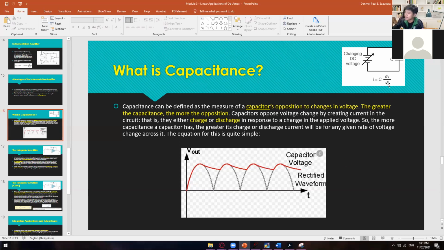That is why we have time in the equation. Anyway, it's just the concept. If you're confused about a capacitor, imagine it as your backup battery when there is a loss of current or voltage in your circuit.